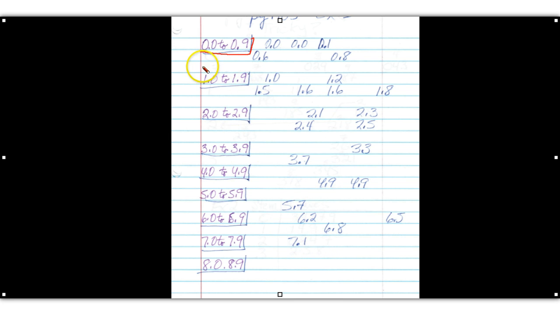So now, when you go to do your stem, for this part here, the stem is going to be a 0. This would be a 1. This would be a 2, a 3, a 4, a 5, a 6, 7, 8.